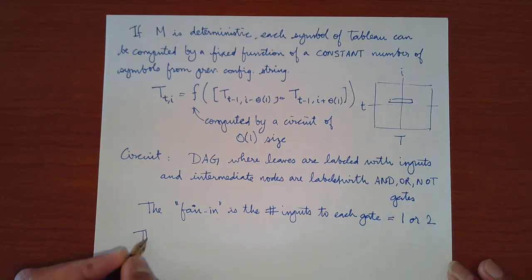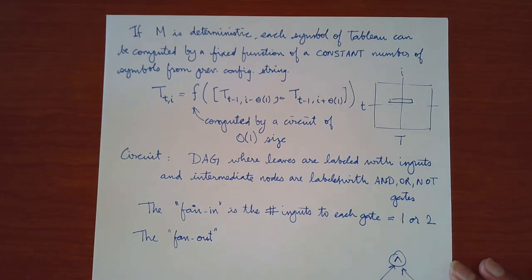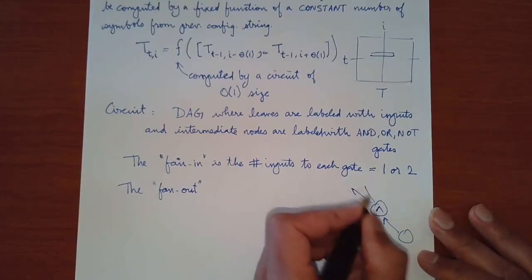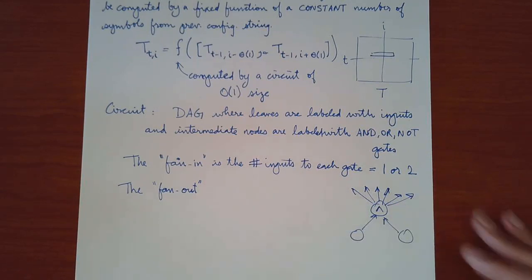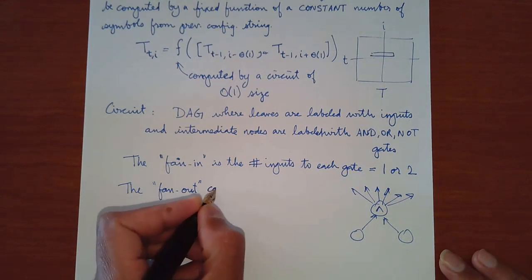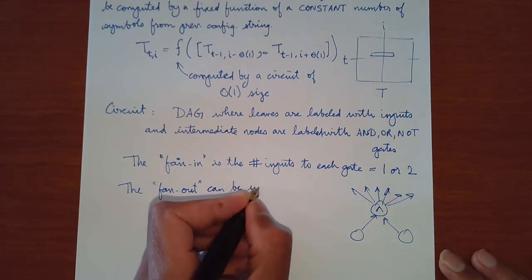The fan-out: note that if it's a DAG, this symbol could be fed to many different places, right? There could be many wires that you could use. The fan-out can be unbounded.